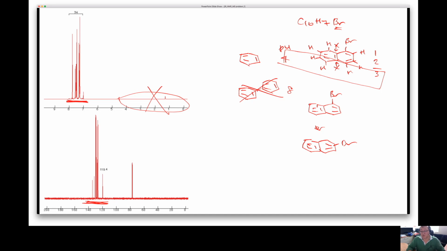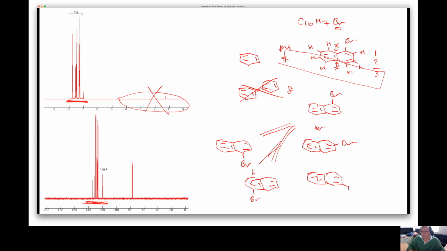So there's two possibilities. If someone were thinking that it could be more than that, how about bromine going down this? That is actually identical to that. If you're thinking about bromine on the other ring, this is also the same as that. Bromine can also go there, which is the same as this. And this one is also equivalent, so there are a lot of different positions for bromine to go.